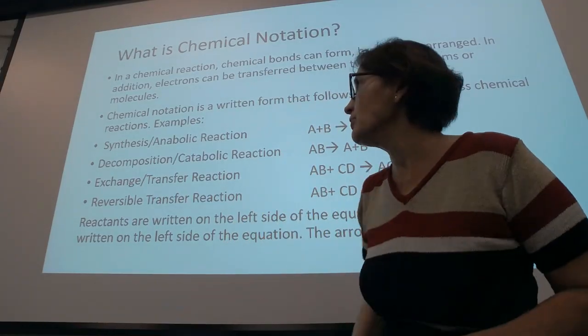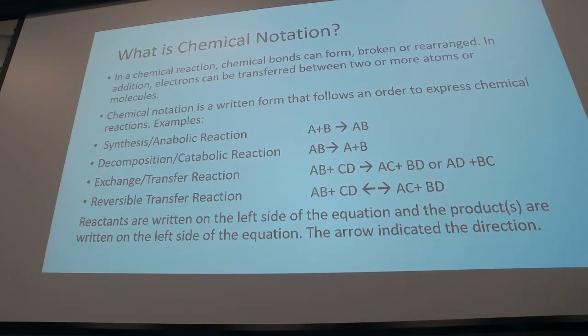Now, in chemistry, you have chemical notation that you use for writing down your chemical equations. The reactants typically are put on the left of these chemical equations, and then you put an arrow pointing where that chemical reaction is going.